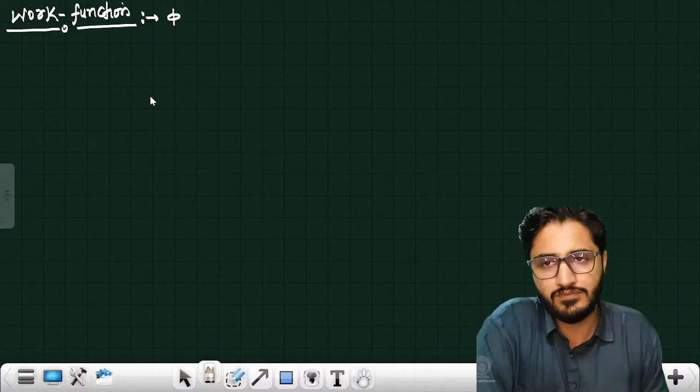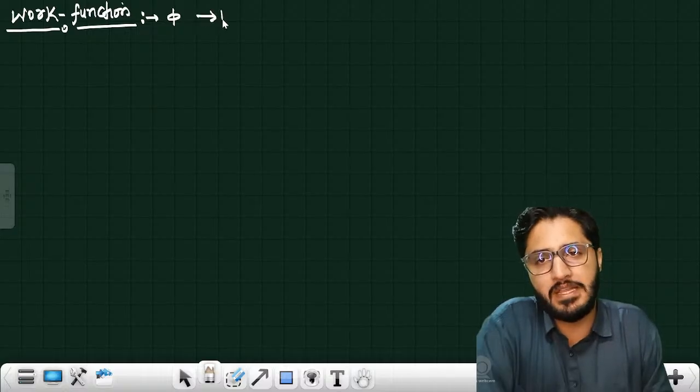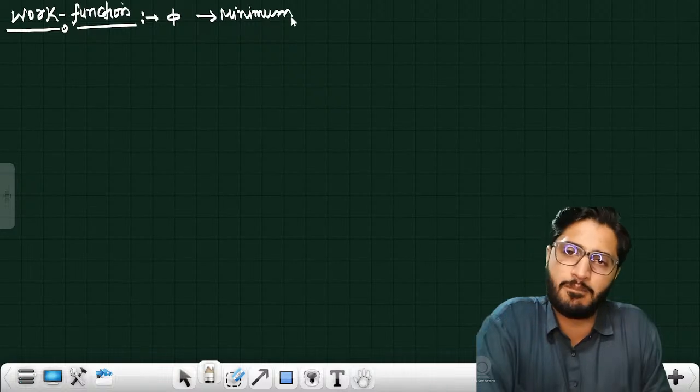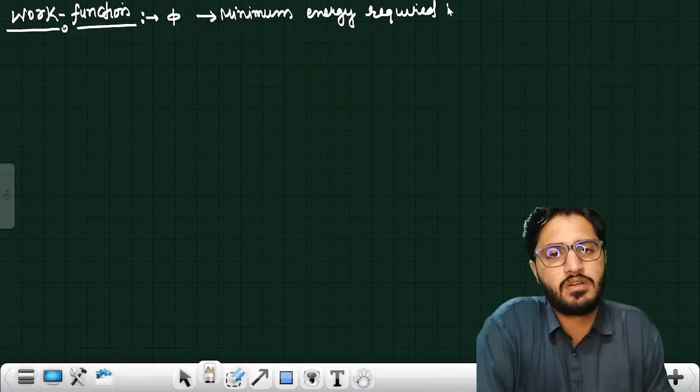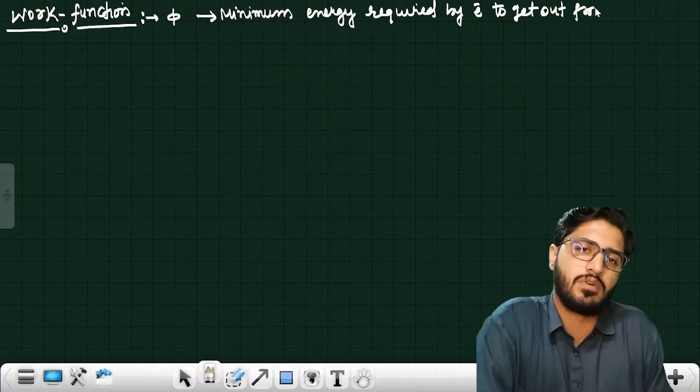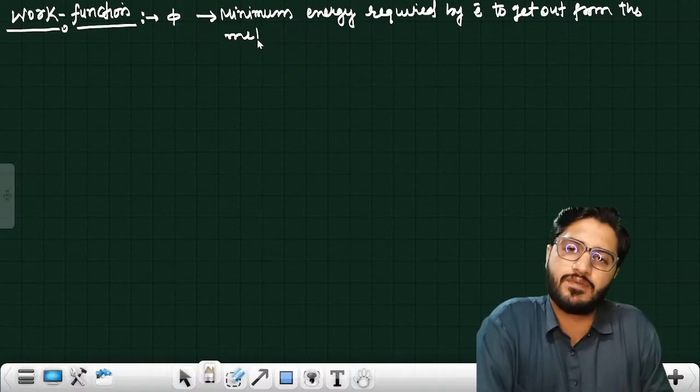It is the minimum energy required by an electron to get out from the metal surface.